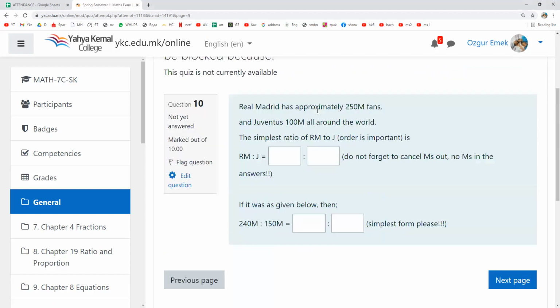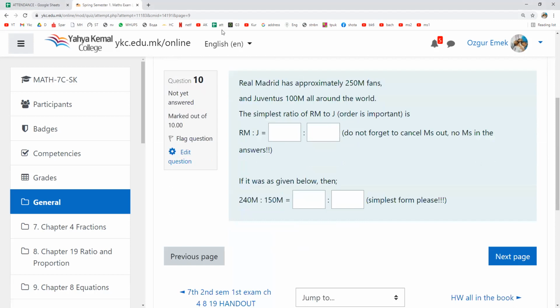Real Madrid has approximately 250 million fans and Juventus 150 million all around the world. The simplest ratio of Real Madrid to Juventus. So Real Madrid first. So 250 M to 150 M. So cancel out M's, 250 to 150.